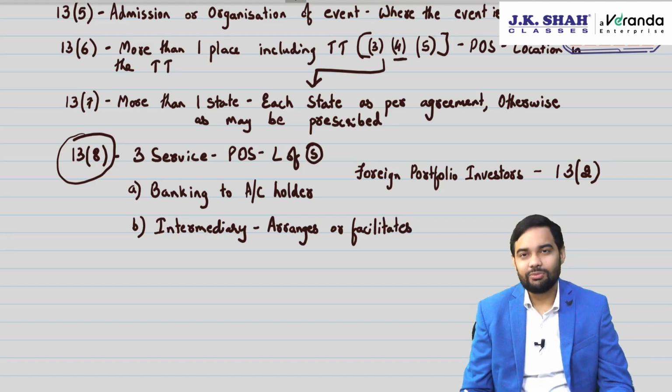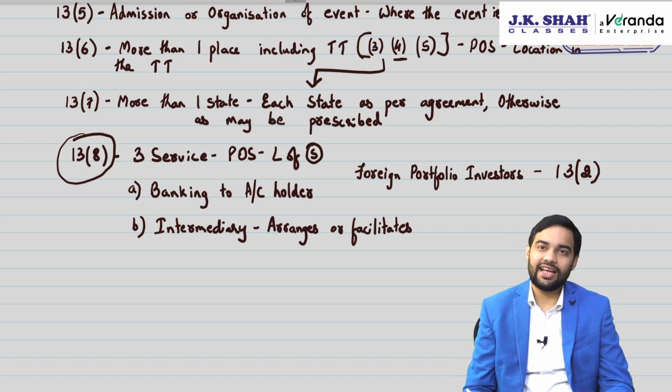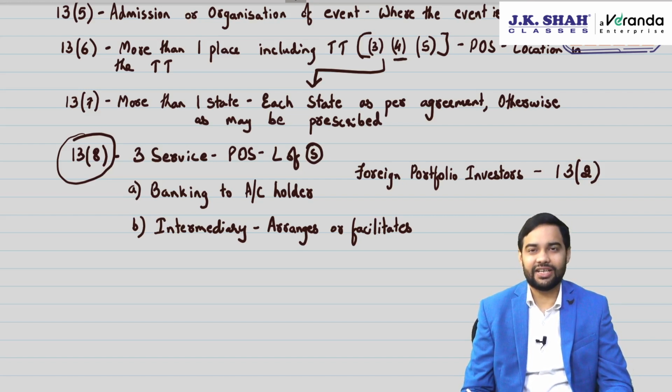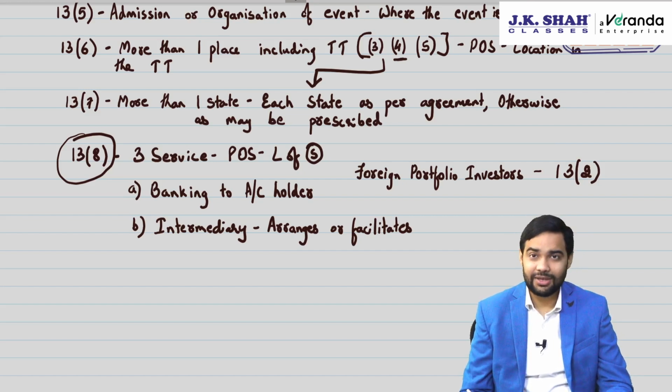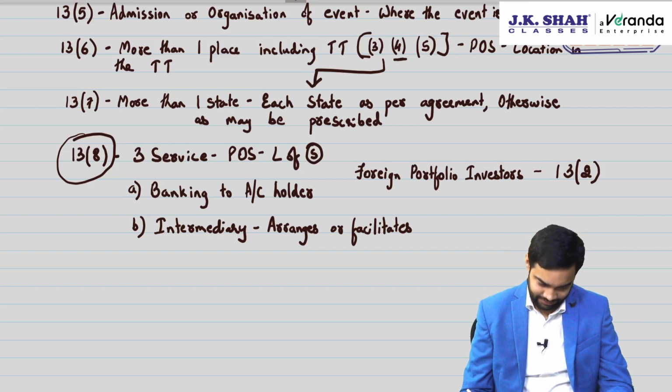See, he is not providing the main service. He is only acting as an intermediary. He is not doing anything on his own account, because the moment he does something on his own account, he is not an intermediary. Then it will fall under 13.2. Location of recipient will become the place of supply and you will start getting export benefits.